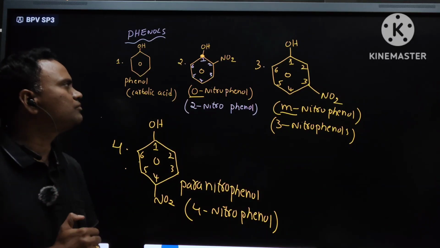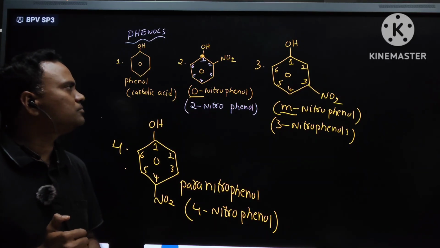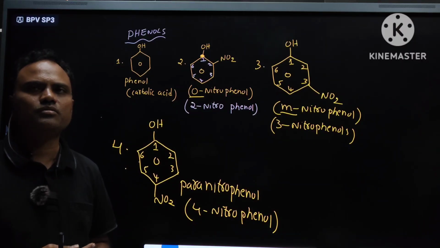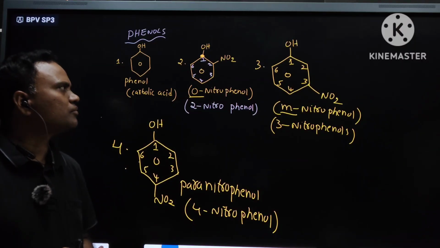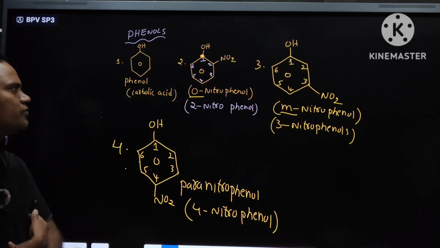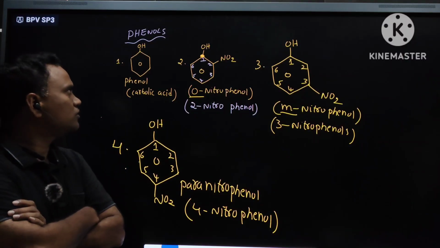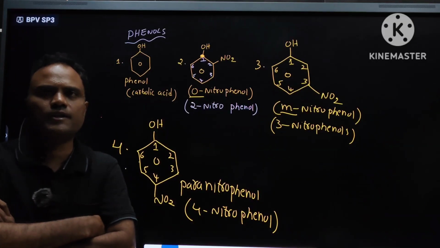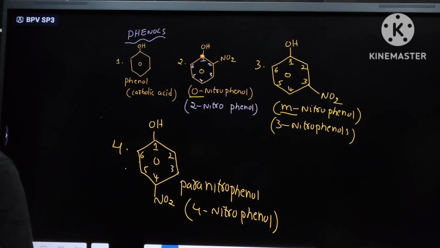Srujan? Bhakti, can you? Bhakti? Meenakshi, can you say which is having more acidic nature out of 3, 4? 2, 3, 4. First one. Why is the first one more acidic? Why is the first one a strong acid? No, Aishwarya.